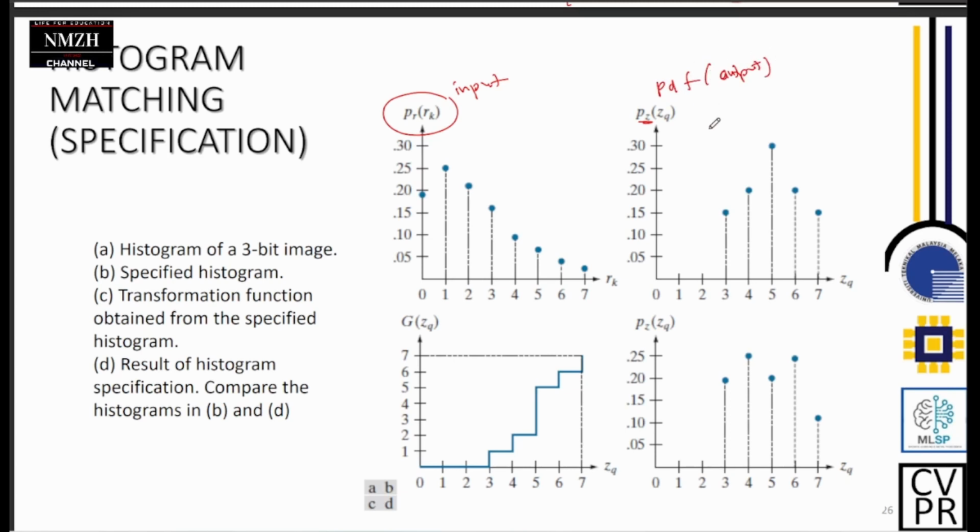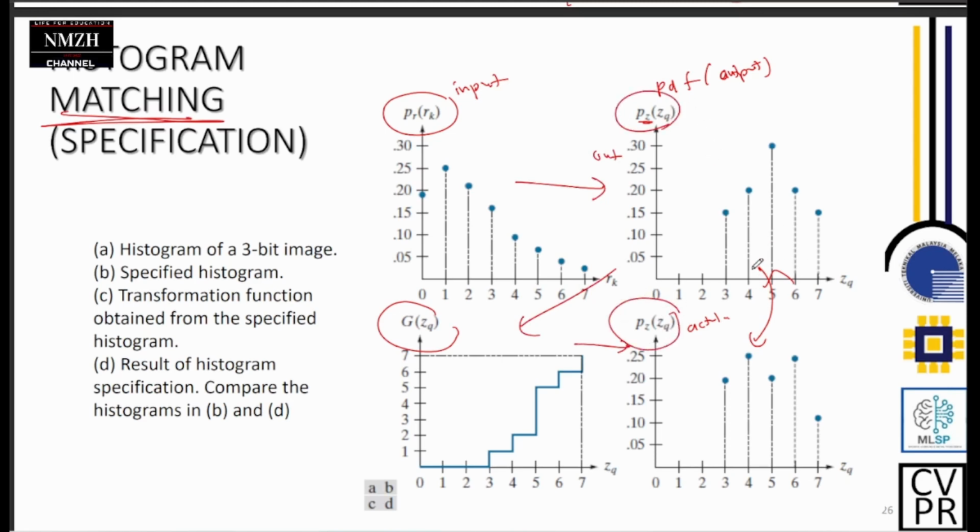Okay, so this one is the expected, while this one is the transformation, so this one is the actual. Okay, so we try to compare this and this. So that's the reason why the matching is coming in. Okay, straight away finding the output, moving out the transformation and having the PDF for ZQ. So then we compare these two.